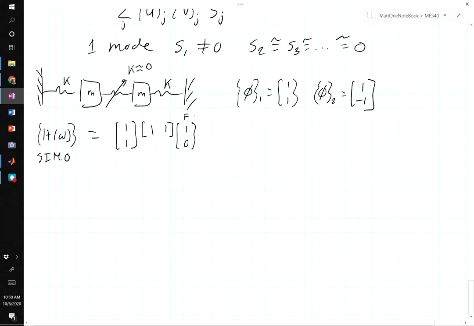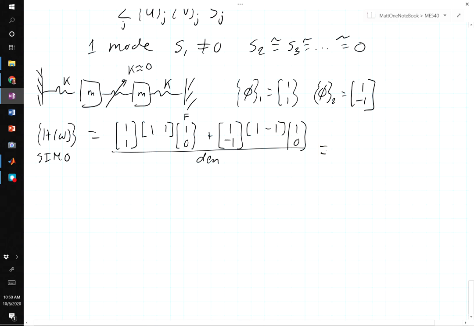So let's say our force is applied to degree of freedom 1. And then for mode 2, we have 1 minus 1, 1 minus 1 times that same force. And all of this would be over the same denominator that we had earlier.